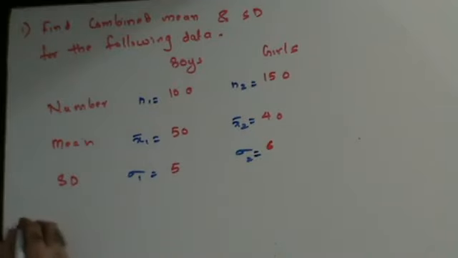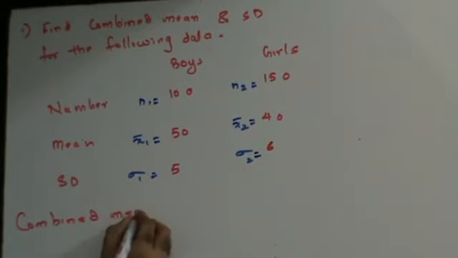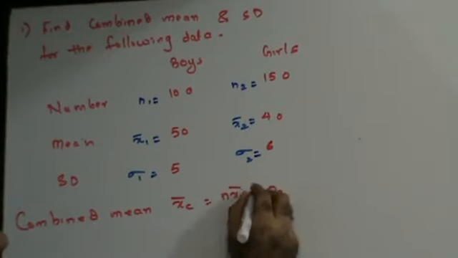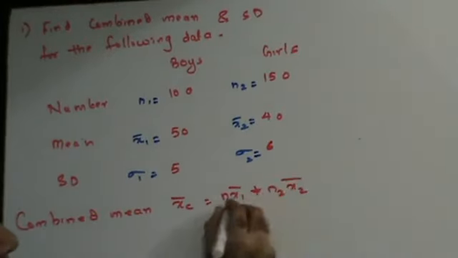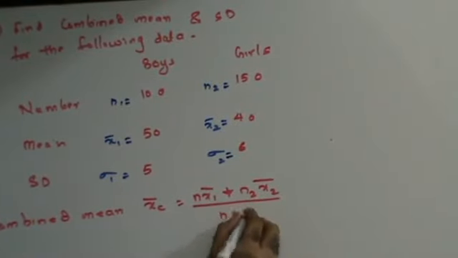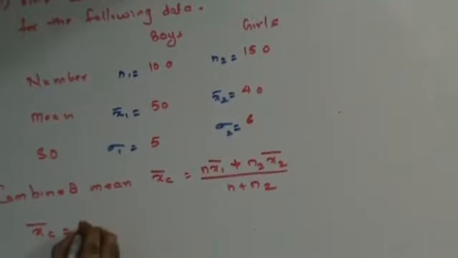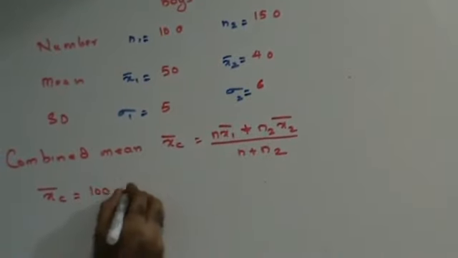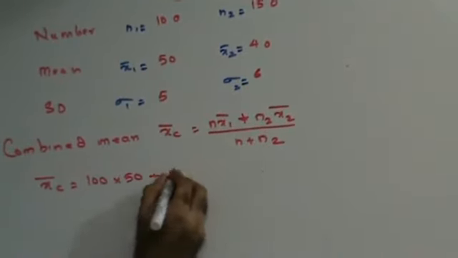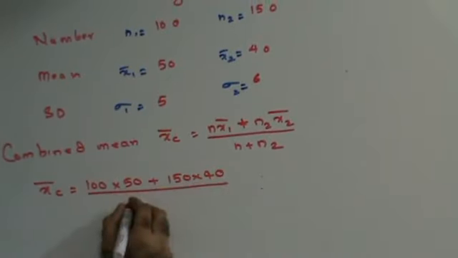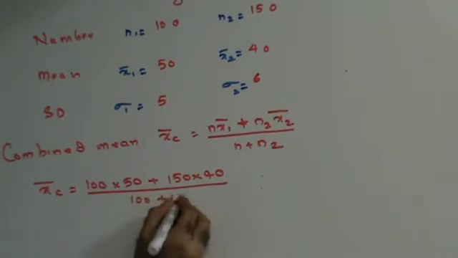Now first thing that you have to do is find out combined mean. Combined mean xc is given by the formula n1 x1 plus n2 x2 upon n1 plus n2. So your xc is going to be equal to 100 into 50 plus 150 into 40 upon n1 plus n2.